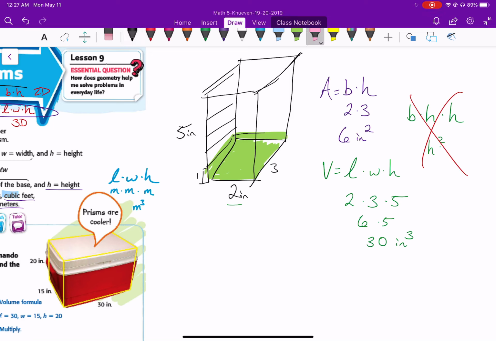Each level that I come up, this is just another 6 inches. And so if I layer this, this is why when I multiply the height, it's like adding each one of those layers up, and I keep on multiplying the area of the base times the height, and that gives me the entire volume.